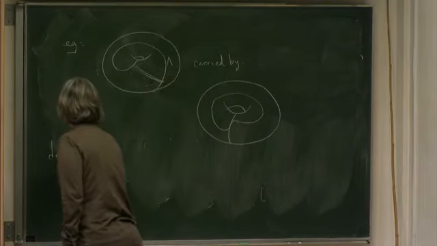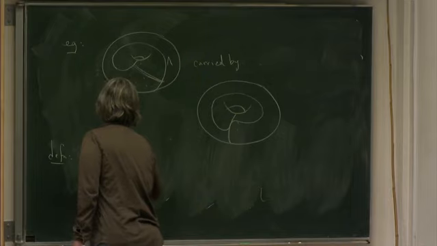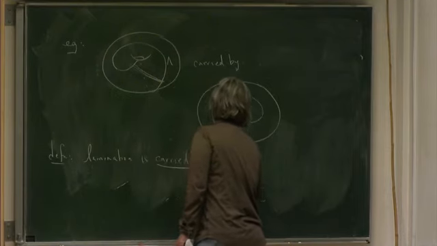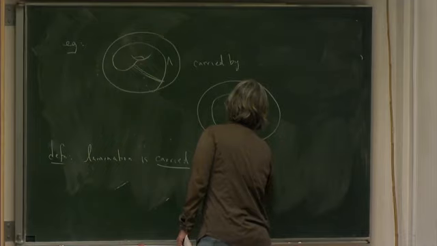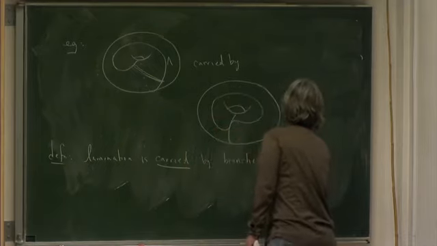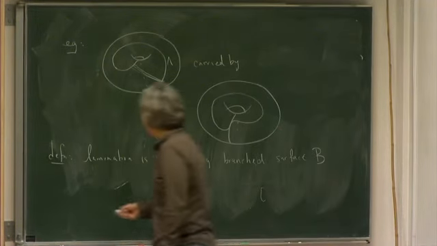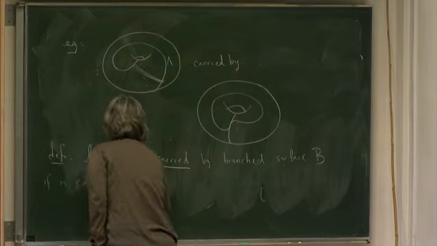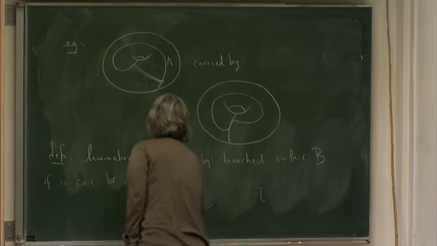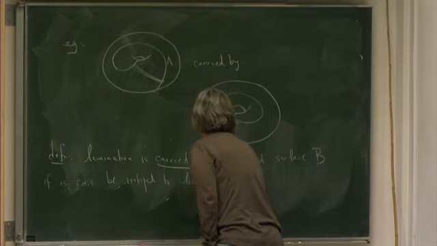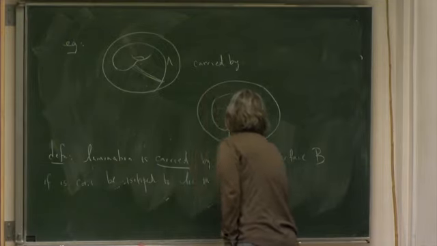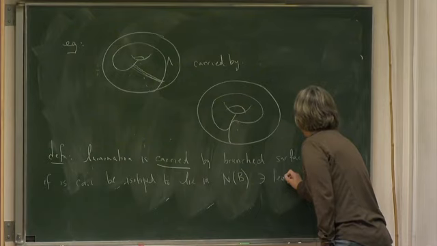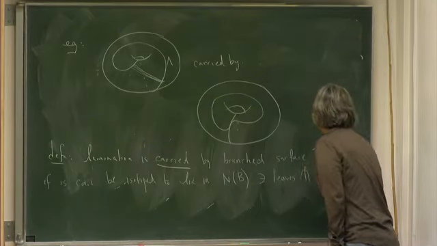So a lamination is carried by a branched surface B if it can be isotoped to lie in this nice I-fibered neighborhood of my branched surface so that the leaves are everywhere transverse to the I-fibers.